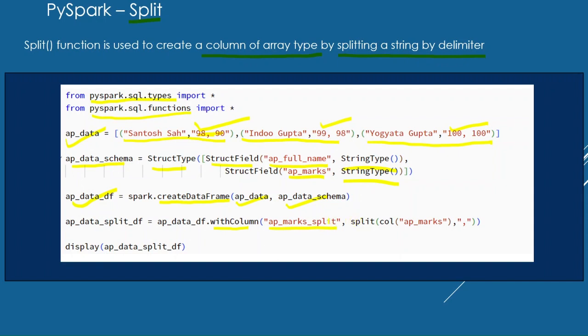And how are we going to populate the value of this particular column? We are calling the split function, and we are splitting the data which is present in the AP marks column. And what is the delimiter we are using? We are using the delimiter comma, because if we see here, the delimiter is comma, here also the delimiter is comma. Once this data frame gets created, we are going to display this data frame with the help of the display function.